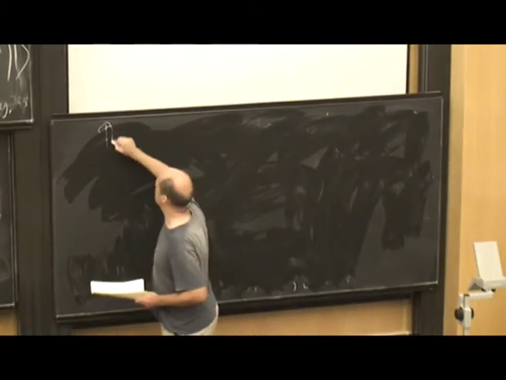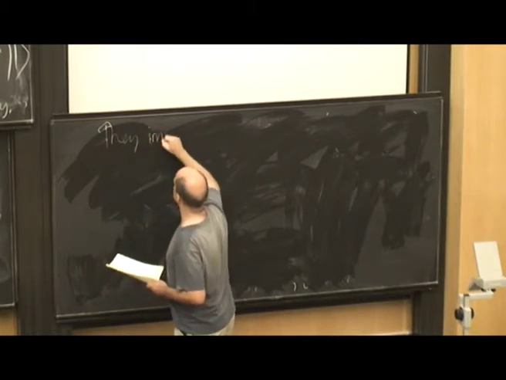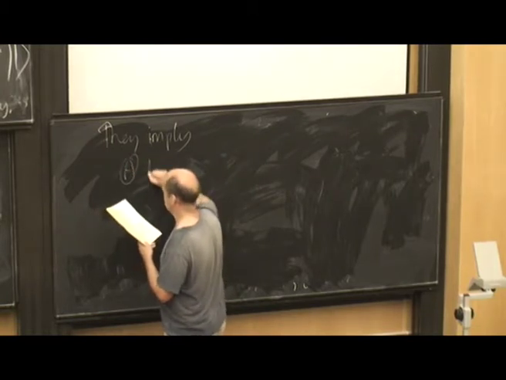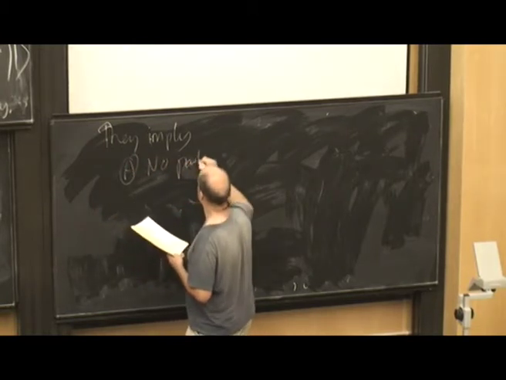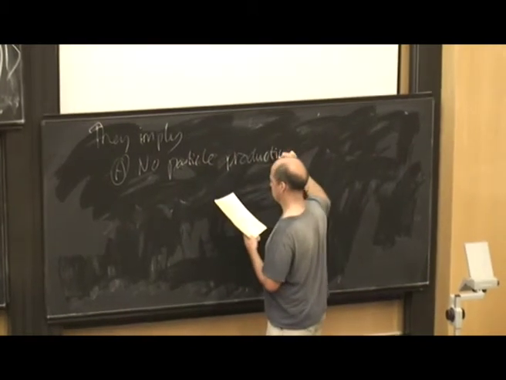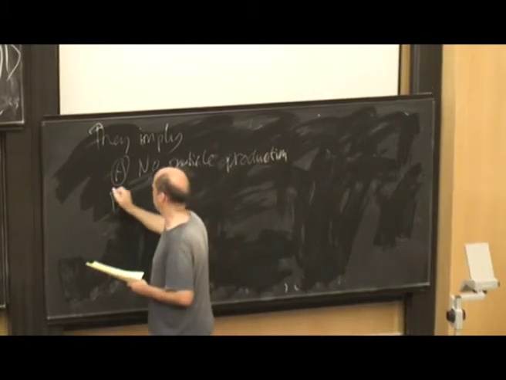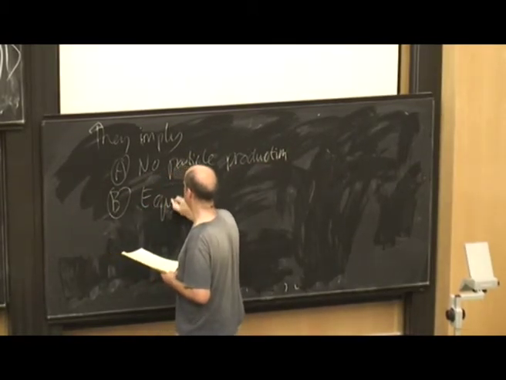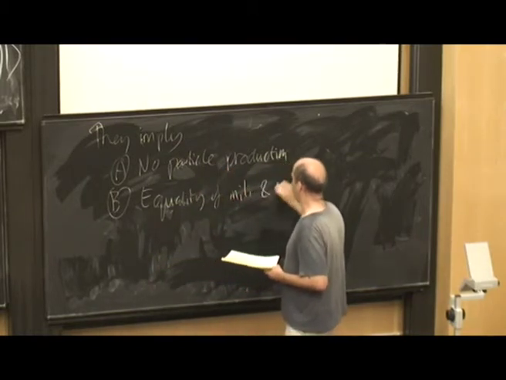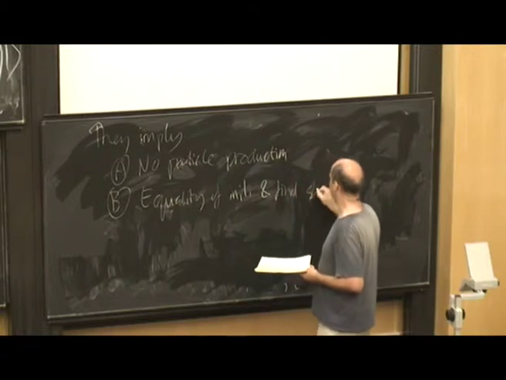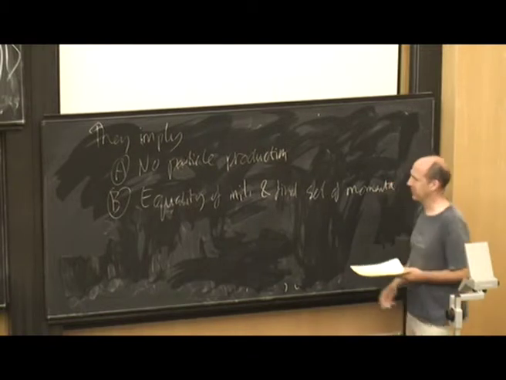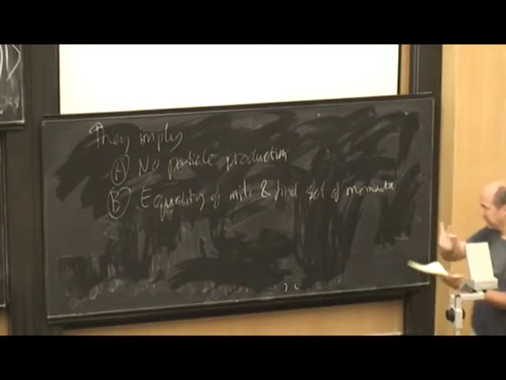Okay, so they imply A, no particle production, B, equality of initial and final sets of momenta, which is a step up from A, because now we know that things can't redistribute.